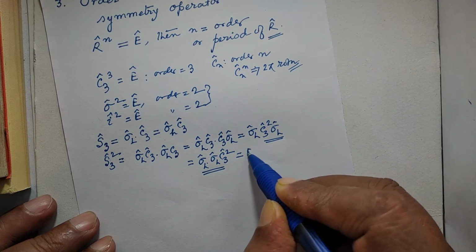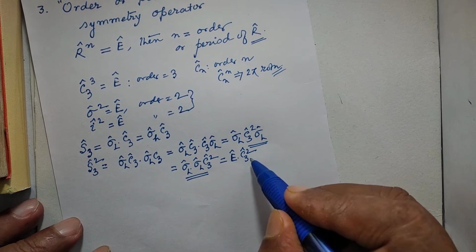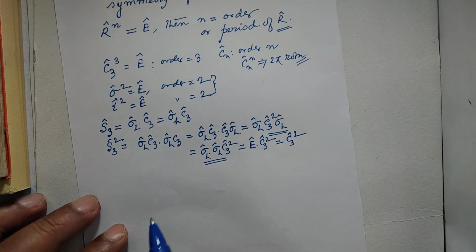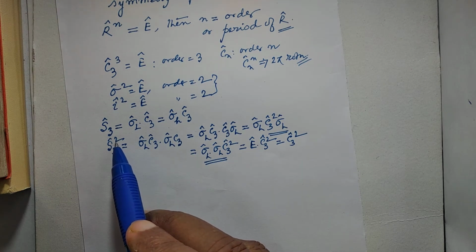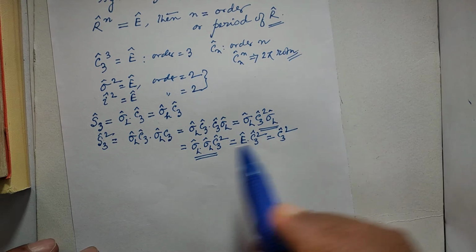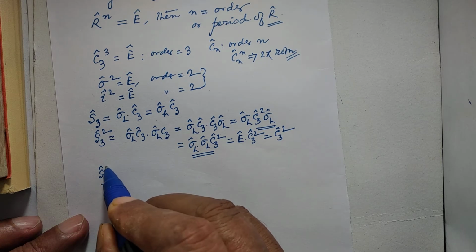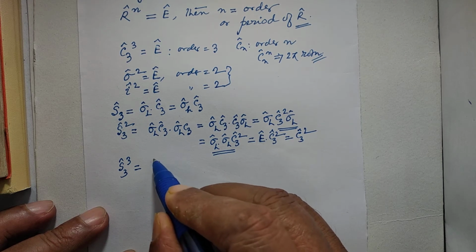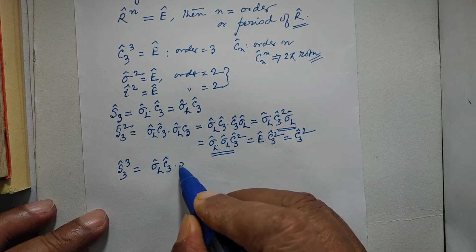These two will give E C3 square. So this is C3 square. Thus S3 square is not an improper rotation actually. It is equivalent to C3 square, a proper rotation. Then S3 three times will produce sigma H cubed C3 three times.